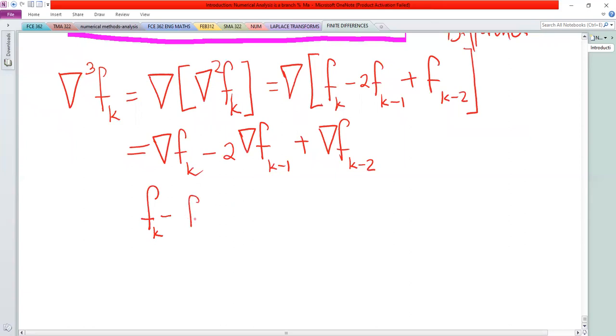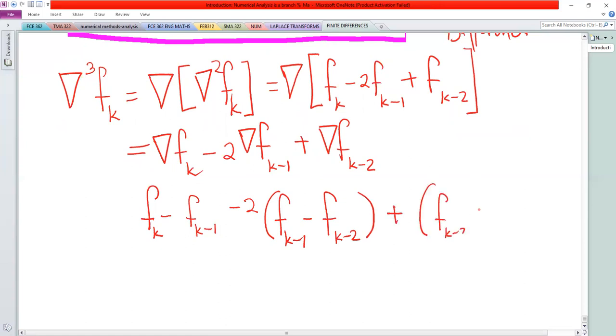So fk minus fk minus 1, minus 2 into backward of fk minus 1, which is fk minus 1 minus fk minus 2, plus backward of fk minus 2, whose previous one is fk minus 3.